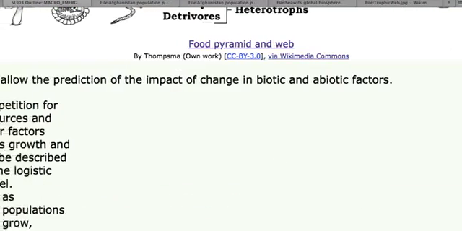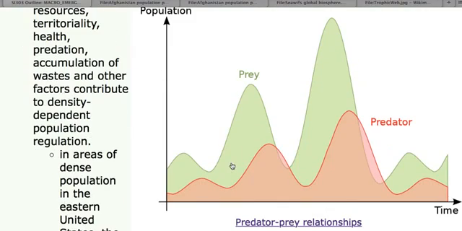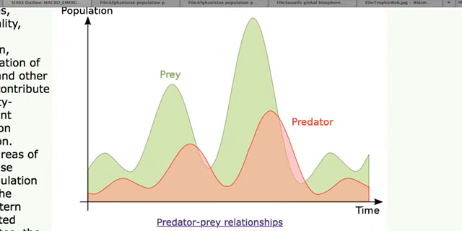That brings us now to all of the different aspects of living with prey getting eaten by predators, but prey eating plants. We talked about this relationship that you see on the computer here back in the first quarter. Predator and prey populations oscillate up and down.